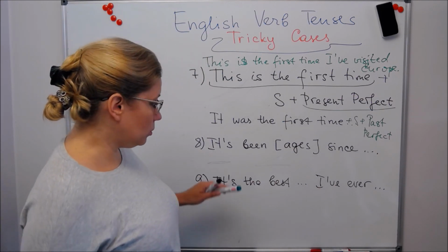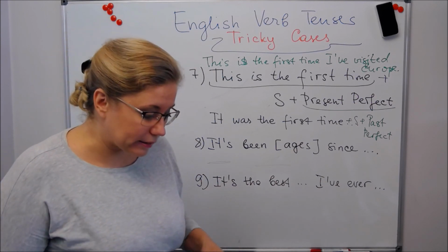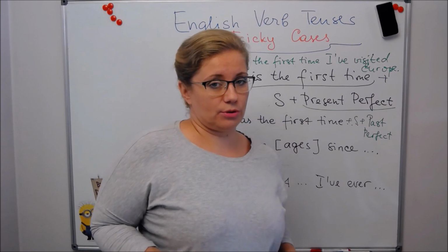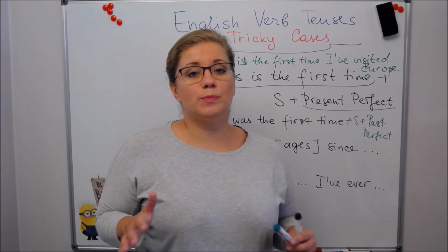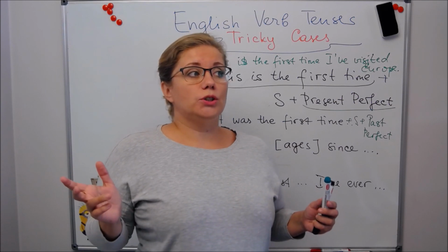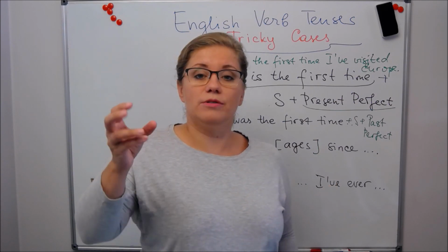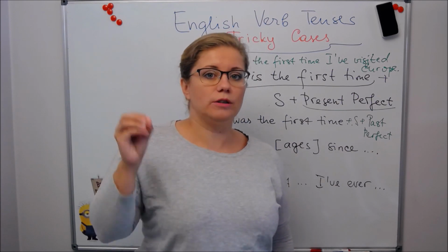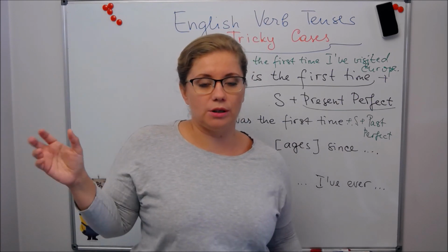And also, if you want to again emphasize that you haven't done something for a while. For example, I haven't spoken English for a while. And for you, the most important part of this sentence is actually "for a long time." Yeah, for a while, meaning for a long time.